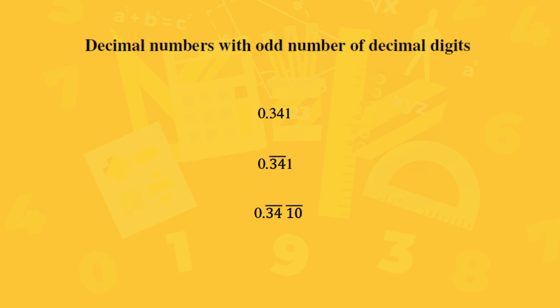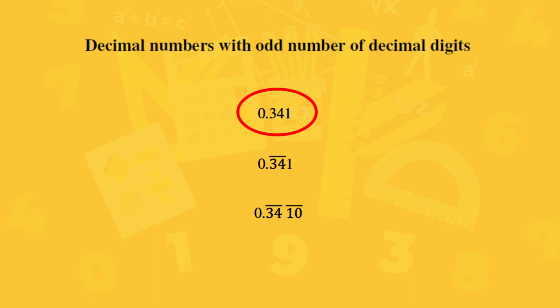Now let's see how to put bars for decimal numbers with an odd number of decimal digits. For example, let's consider 0.341. We start putting bars from the decimal point and move towards the right.